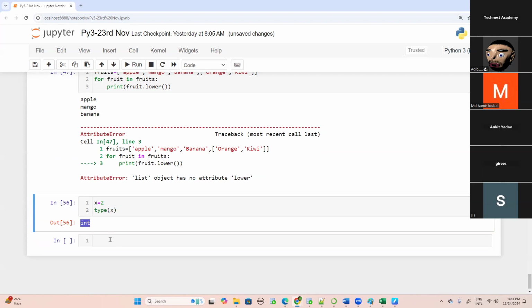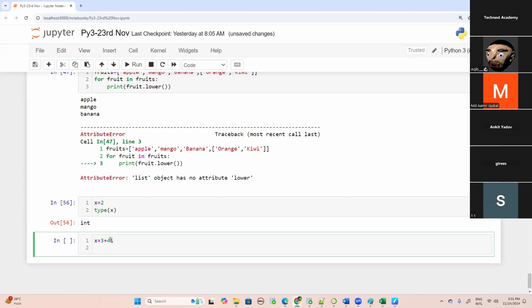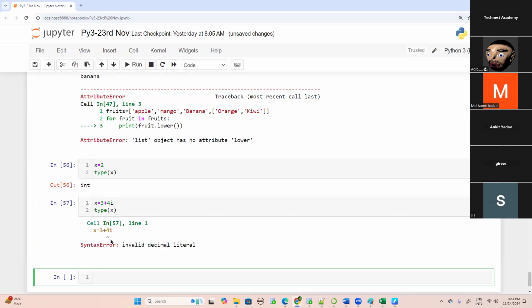Now I will write here x equals 3 plus 4i. Now I will ask Python, what is the type of this x? Invalid decimal literal.